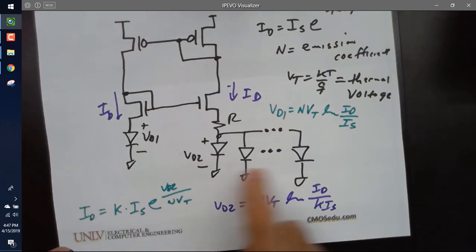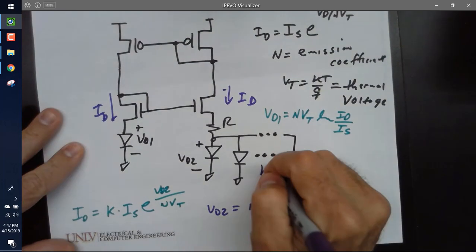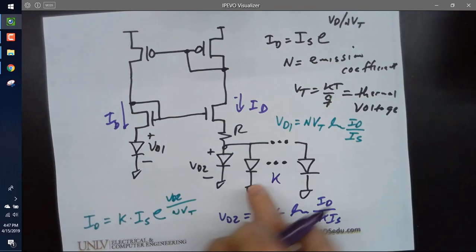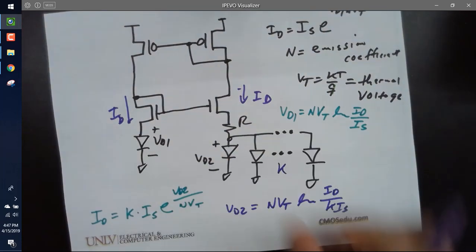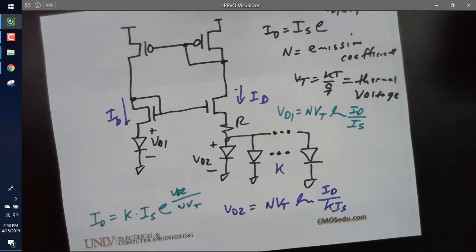If I put K diodes in parallel, the current coming down here is going to split in between them and the voltage across them is going to be less. Does that challenge anybody? Brian, does that challenge you? Yes. All right. So that voltage is less than this one.